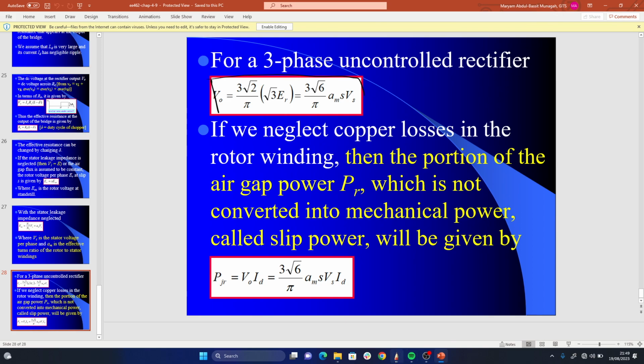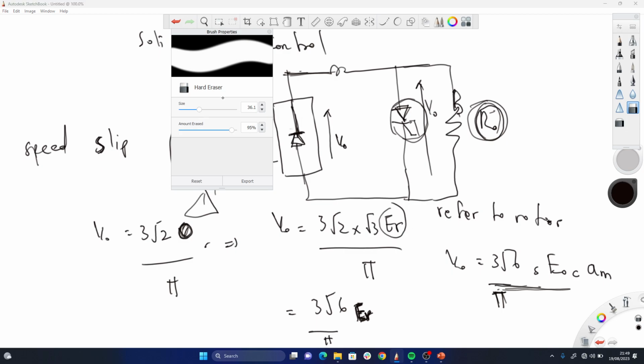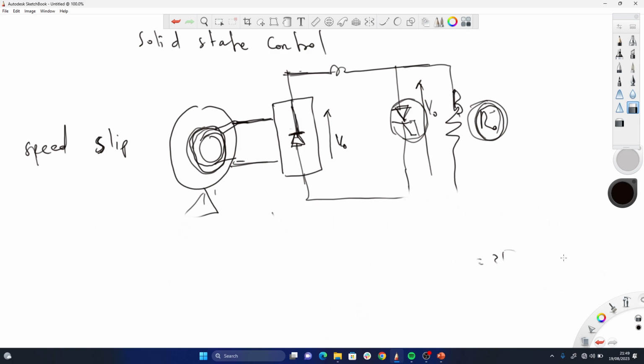No, let me go through that part again. Hold on. Let me go through the last part again. I said that V naught is equal to what? 3 root 2 over pi times root 3 ER, right?